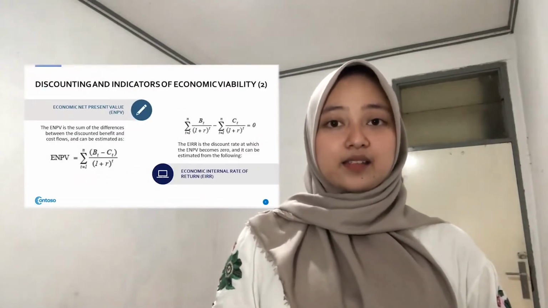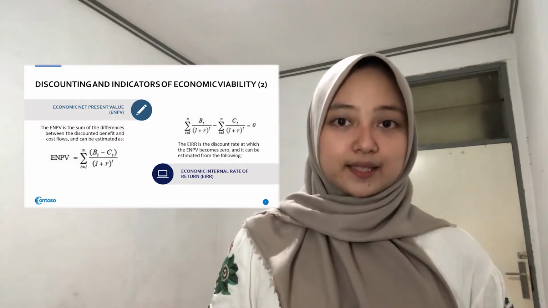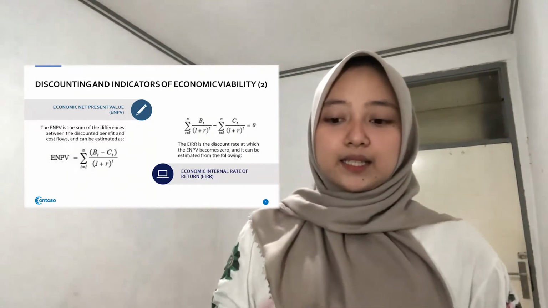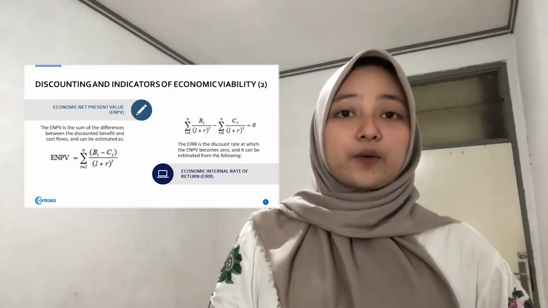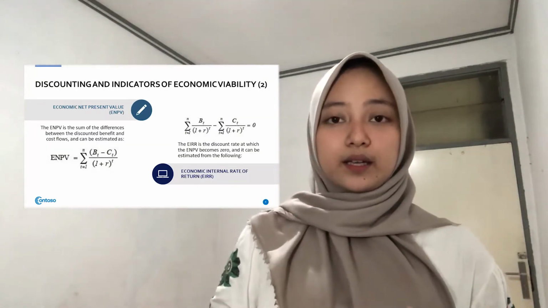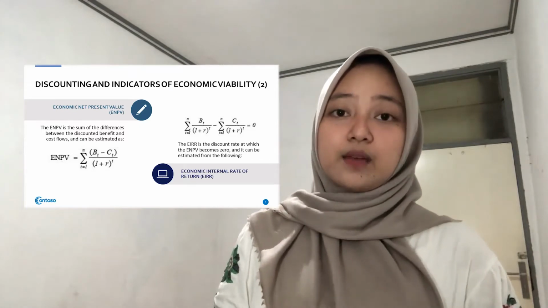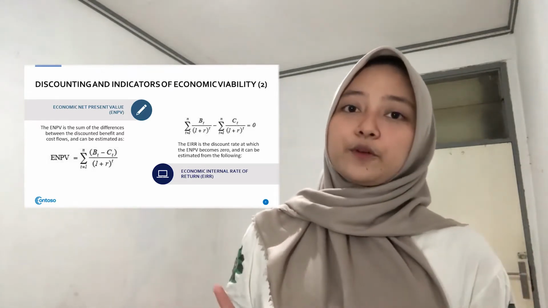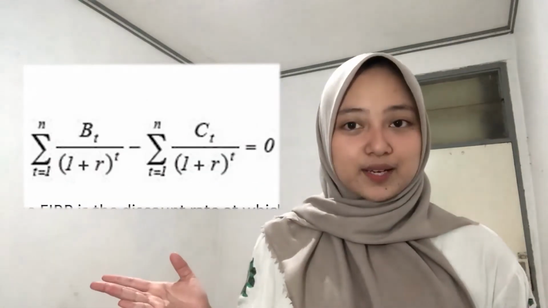And the second is the economic internal rate of return or IRR. The IRR is the discount rate at which the ENPV becomes zero, and it can be estimated from the following formula that you can see on the screen.